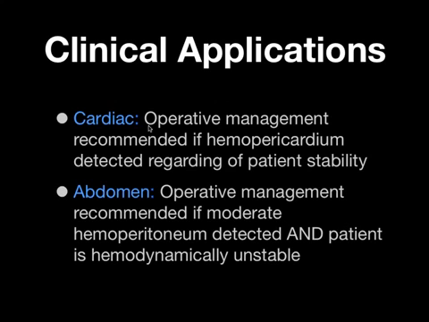So being able to detect these solid organ injuries is very important. You will also miss hollow viscus injuries when performing the FAST exam. So this should never be a test used to screen people out of the ED.